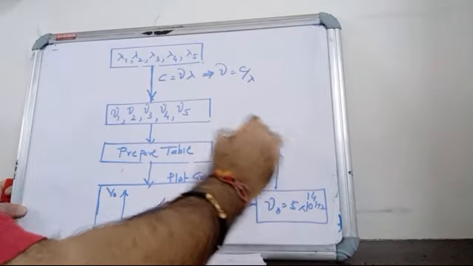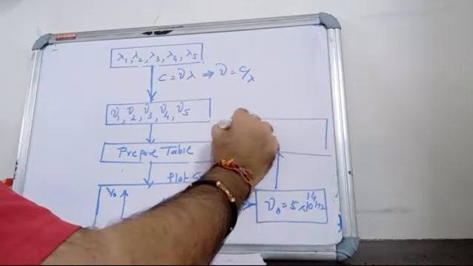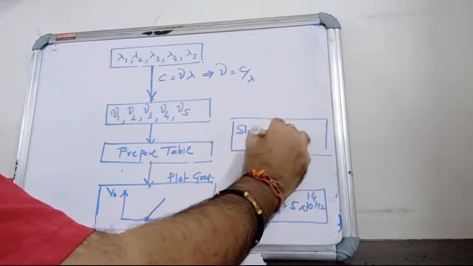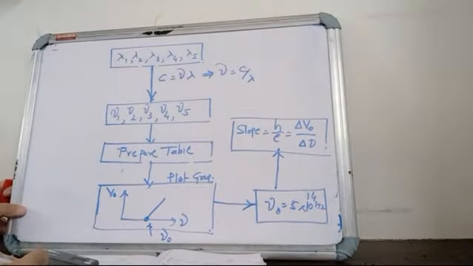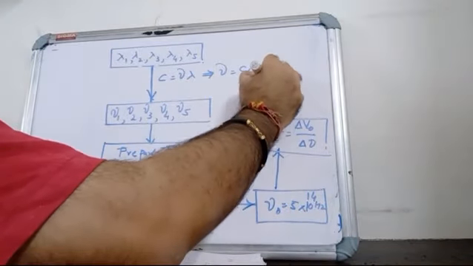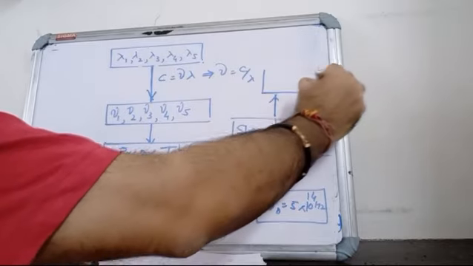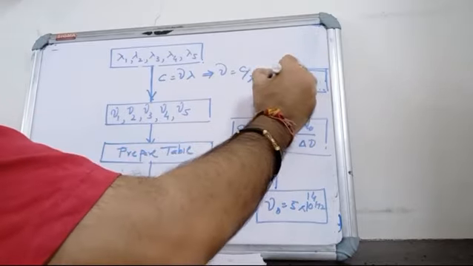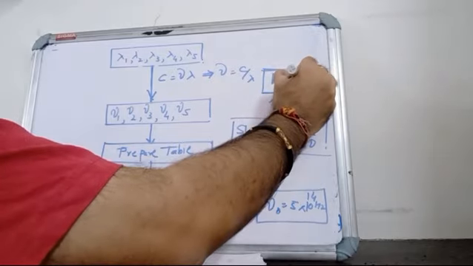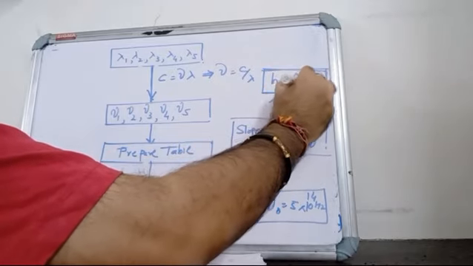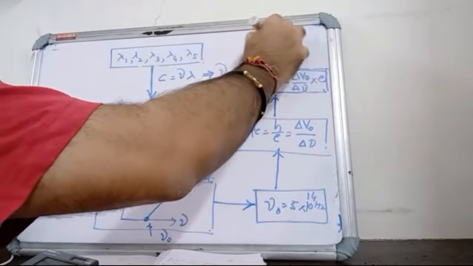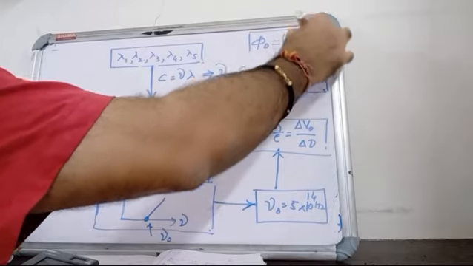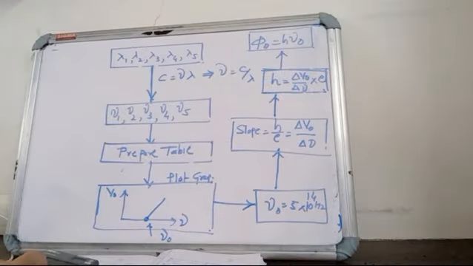Then next step, the slope of the graph is h by e. It is change in y coordinate upon change in x coordinate, that is delta V0 upon delta nu. Then make h the subject. So it is delta V0 upon delta nu into e. You will get h. Then finally calculate phi 0 is equal to h nu 0 and convert it into eV by dividing by 1.6 into 10 raised to minus 19 joule, right?